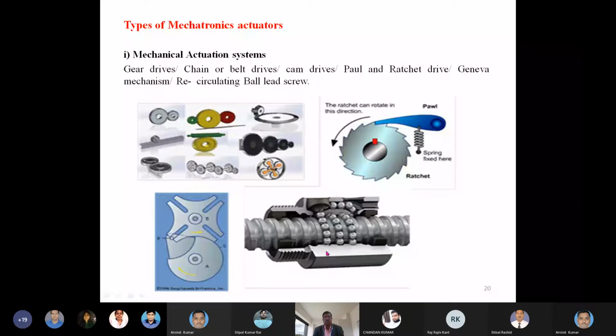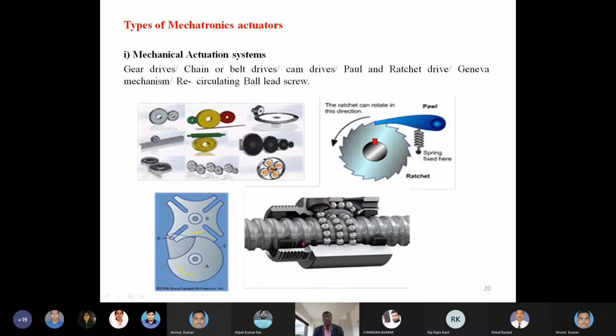So this is a recirculating ball lead screw. This is the lead screw that we use in the CNC drive system. In order to move the drive system, there is a ball. The ball will be continuously recirculated in order to reduce the wear and tear between the lead screw and the half nut mechanism.